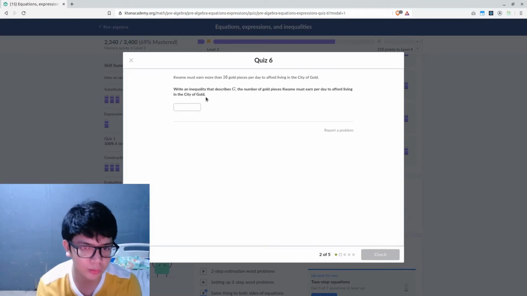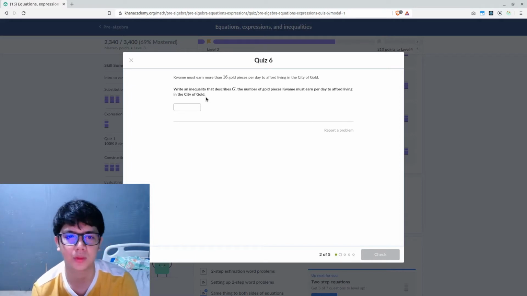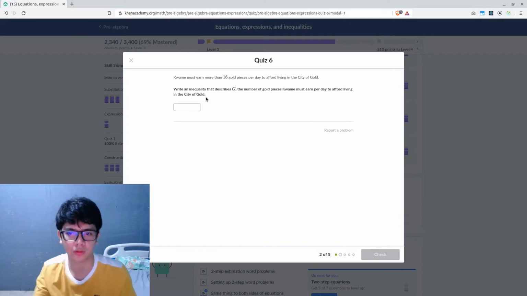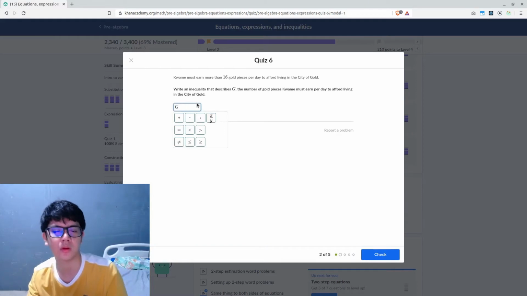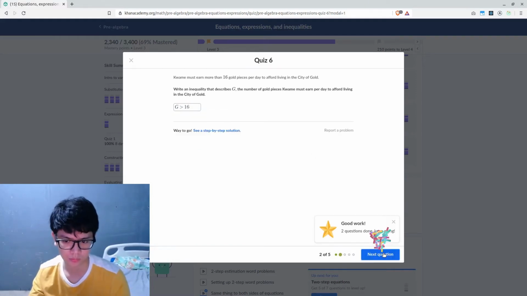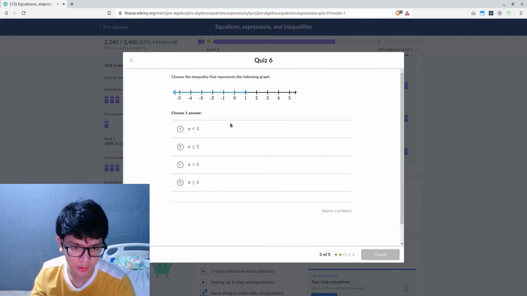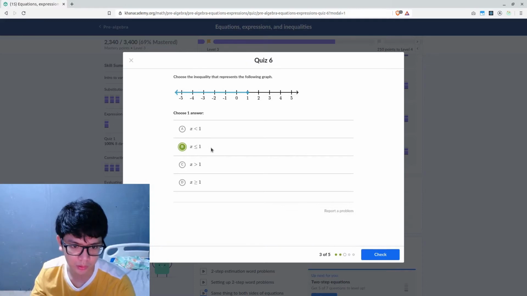Kwame must earn more than 16 gold pieces per day to afford living in the city of gold. This is less than or equal to 1.